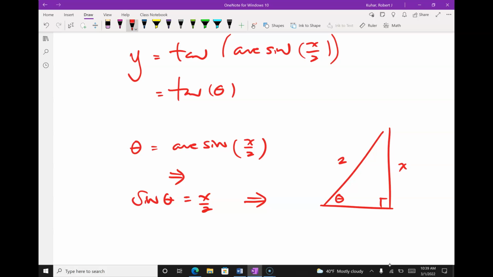And the remaining side has to be the square root of c squared minus b squared. So far, okay? Speed okay? We're all caught up?